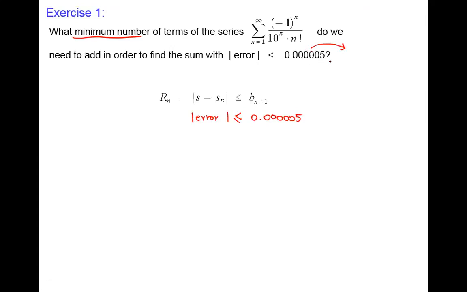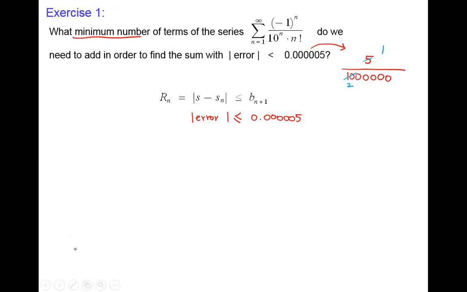That means we will do a little trick. I will rewrite this as a fraction: 5 divided by 1 with 6 zeros. I can simplify: 10 divided by 5 is 2.